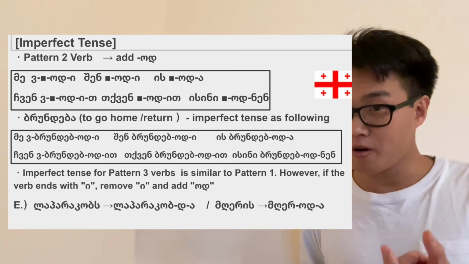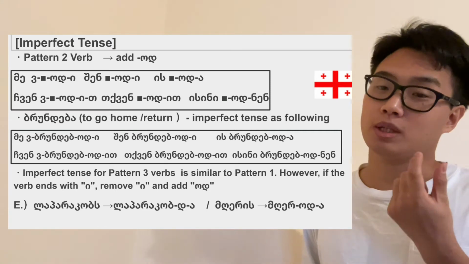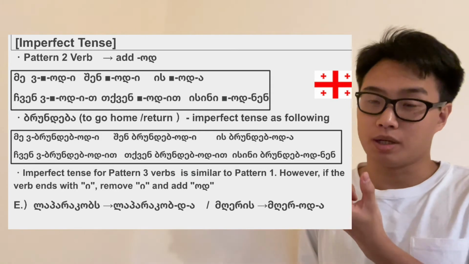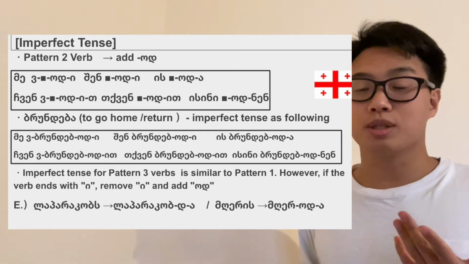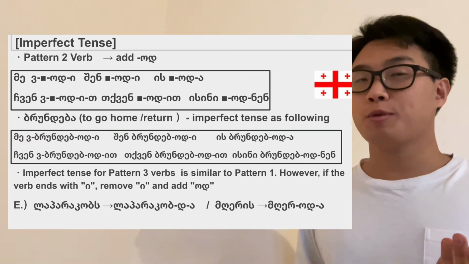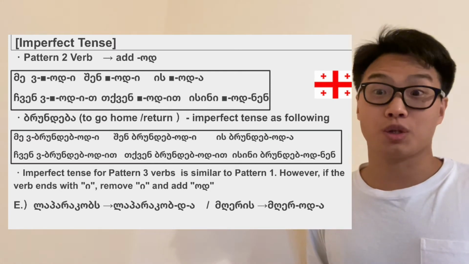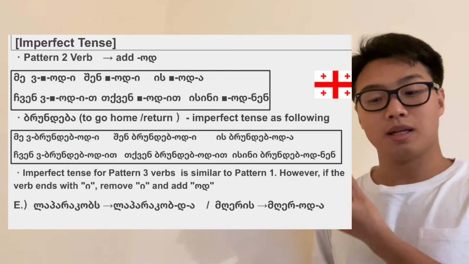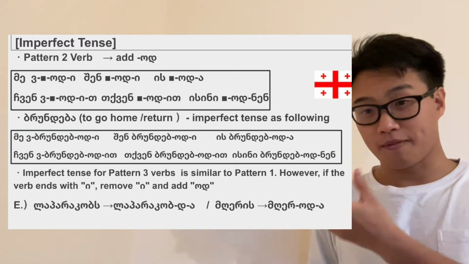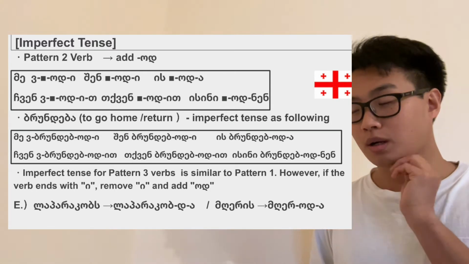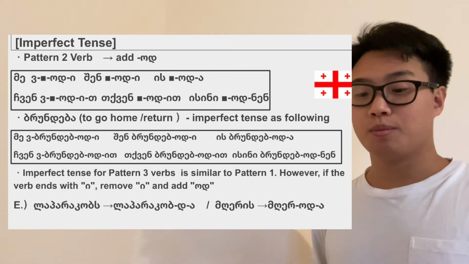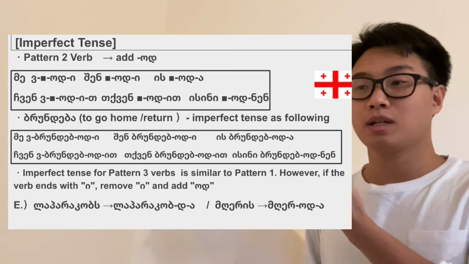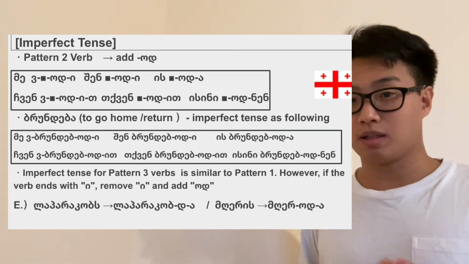But if the verb ends with vowel e, we have to add od, not do. For example, mujeres, to sing. If we want to say he was singing or she was singing, since the verb root ends with the vowel E, we have to add od, not do. So, mujeroda, he was singing, she was singing.